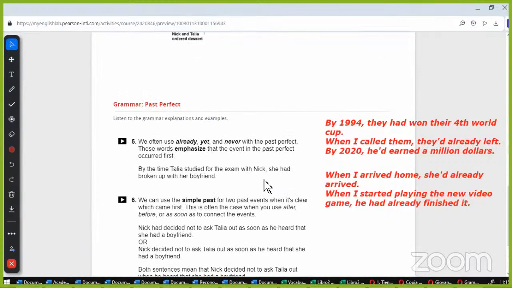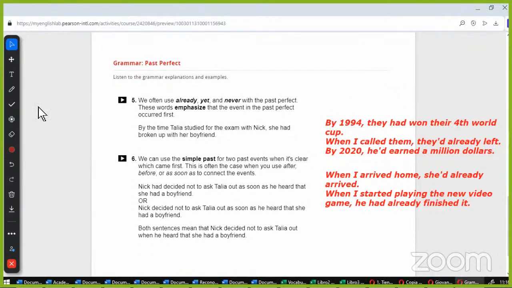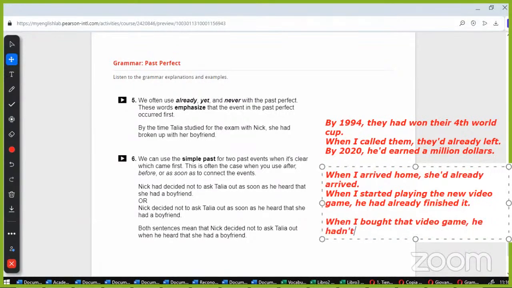And we can use already, yet, never to emphasize the events. Like here you did, right? Already. You're using already to emphasize. Or you could say, like, when I bought that video game, he hadn't bought it yet.